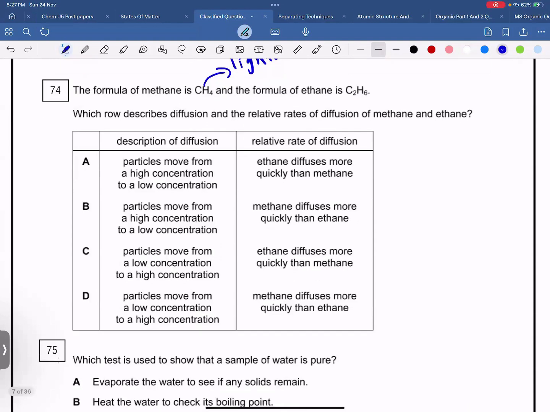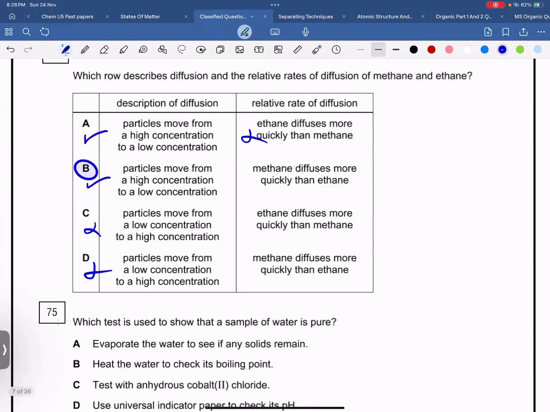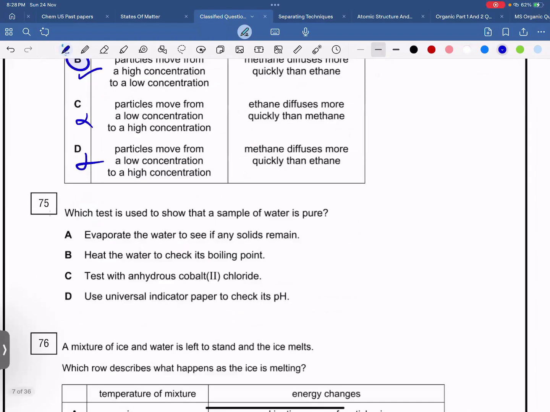Description of diffusion: particles move from a high concentration to a low concentration, correct. So A and B correct, but C, D incorrect. Relative rate of diffusion: ethane, which is heavier, diffuses quicker, incorrect. Methane, which is lighter, diffuses quicker. Okay.